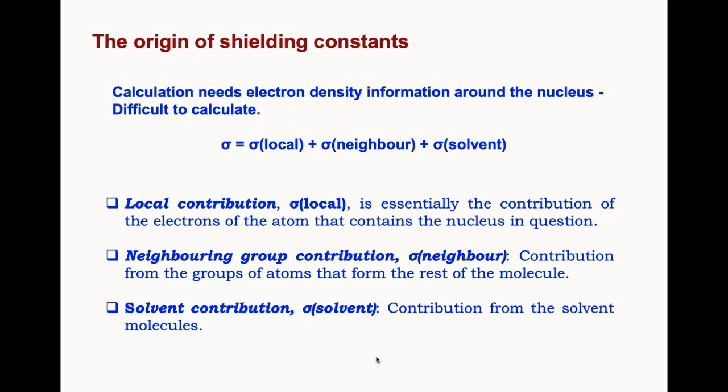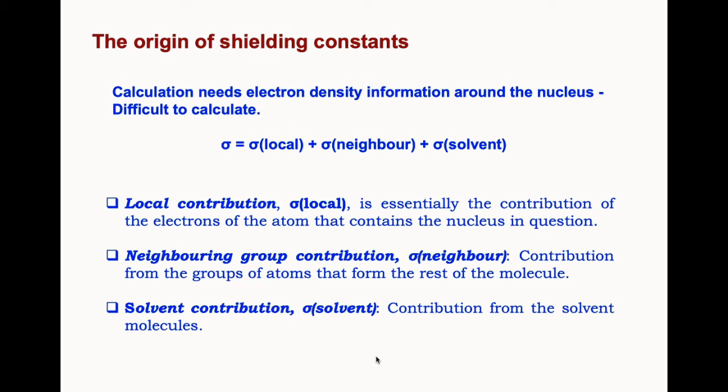And let me also remind you here, measuring the shielding constant is extremely difficult, because you have to calculate the electron densities around all the atoms. As you know, measuring the electron density is an extremely tedious task. However, to understand the chemical shift values, we need not calculate the shielding constants.